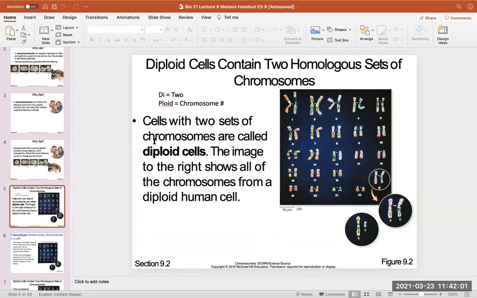Then I gave you guys some vocabulary words. George already defined homologous. Homologous means they look alike, they have the genes at the same spot, and they are the same length. These two chromosomes are not homologous. What do you call chromosomes 1 through 22? The 23rd is the sex chromosome. Autosome. What is the sex chromosome for females?